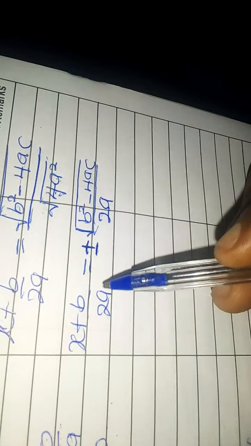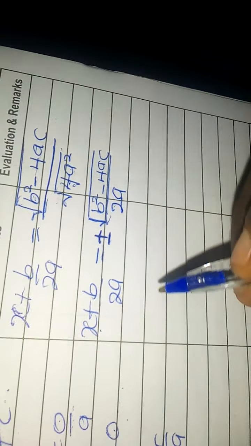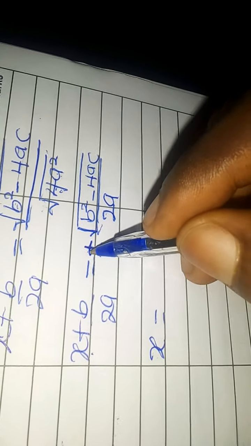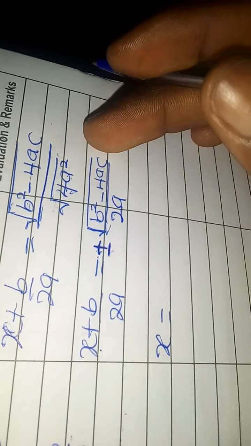Good. Now we can see that there is a common term here, so we can group what we call like terms. This b over 2a can go there, so that we can find the value of x by grouping like terms. So we have x is equal to, already we have this there, but because of the plus or minus sign, we can't leave it in front. So this will rather come and take the first position, and then the other one will follow.